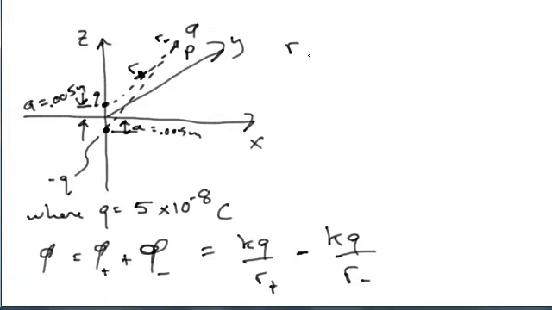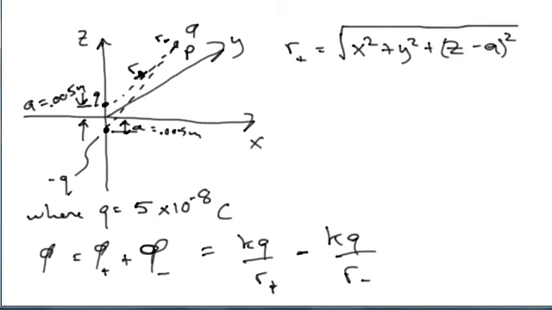R plus is equal to the square root of X squared plus Y squared plus Z minus A squared, where that A is the 0.005 meters.